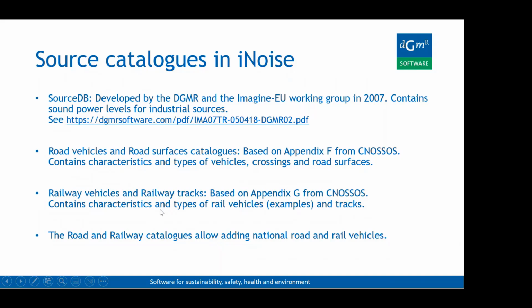And that contains characteristics and types of rail vehicles and tracks. Between brackets, it says examples, and I will come back to that. The road and railway catalogs allow adding national road and rail vehicles, because every member state should define its own national road and rail vehicles.